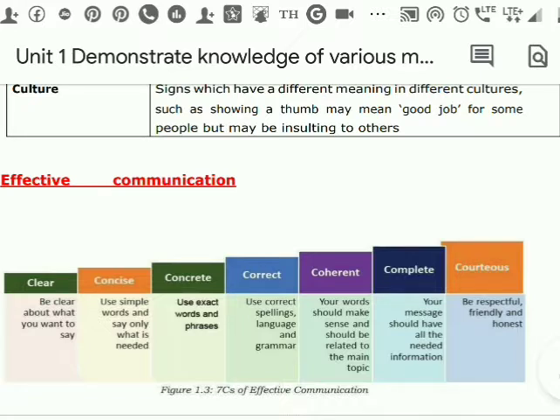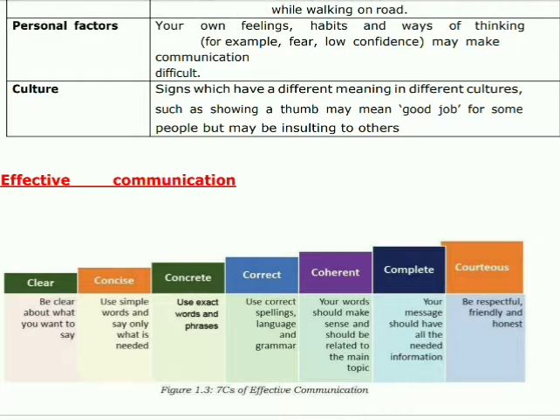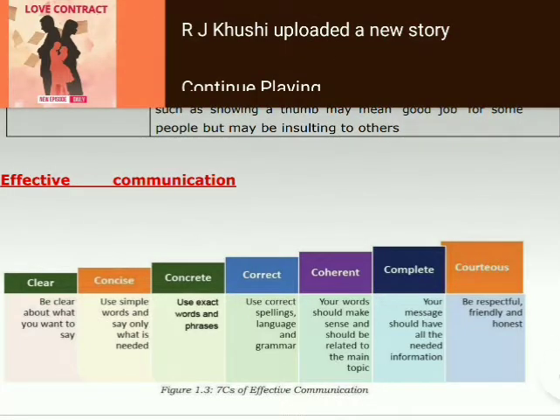Next is concrete, which means say exactly the words and phrases which you want to communicate. Fourth is correct. Your spelling, your language, and your grammar should be correct. Next is coherent. Your words should make sense and be related to the main topic, which means that while speaking, we should not go off track.